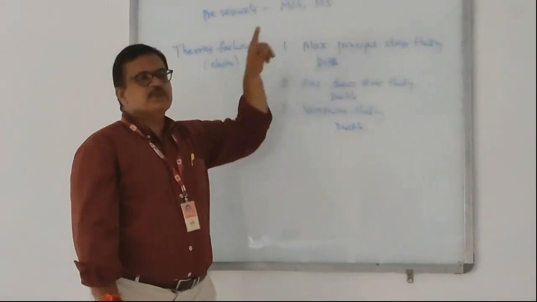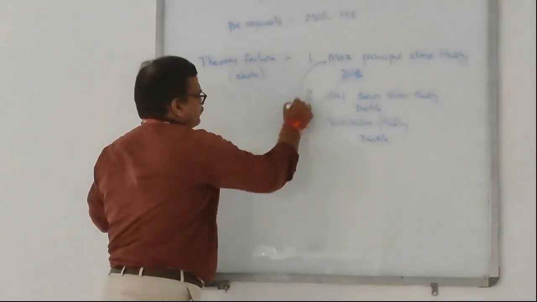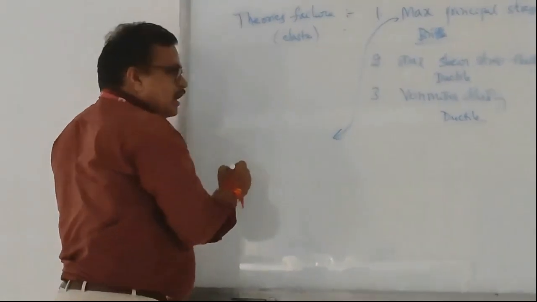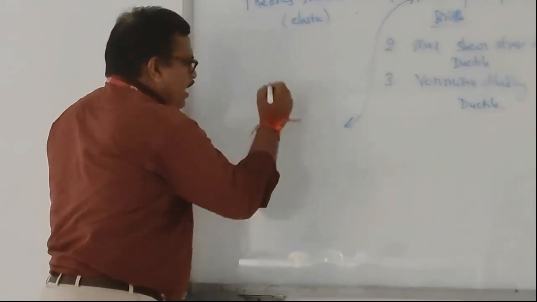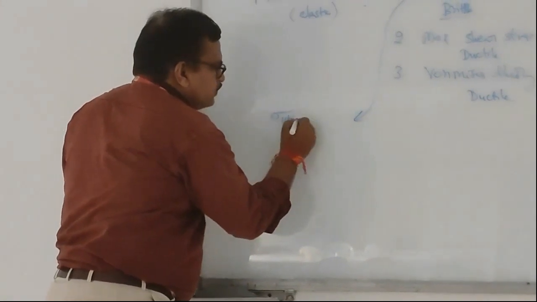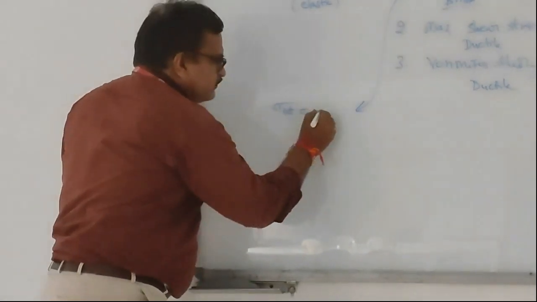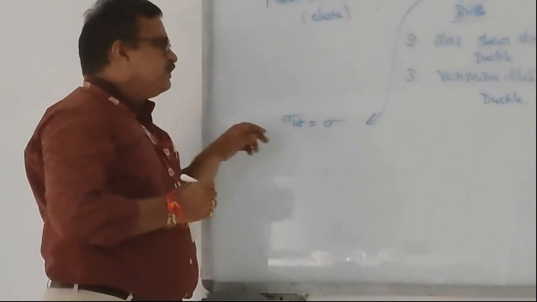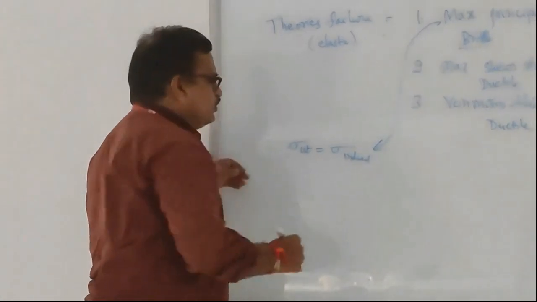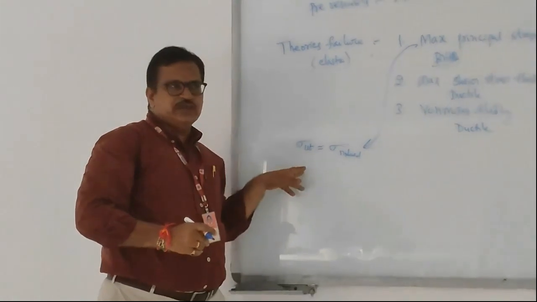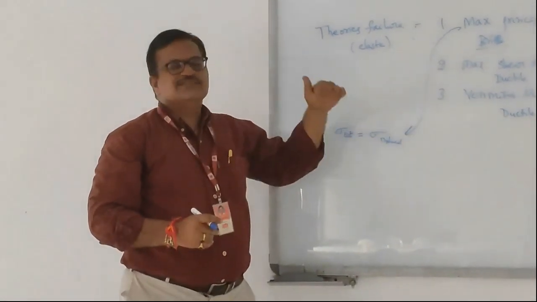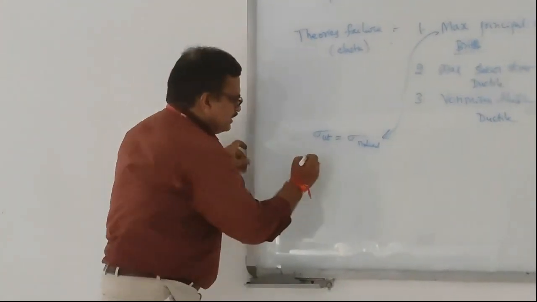So in the maximum principal stress theory, we take sigma ut equal to sigma, that means the induced stress. The induced stress is equal to the ultimate stress. But as we have seen, we are applying some suitable factor of safety.